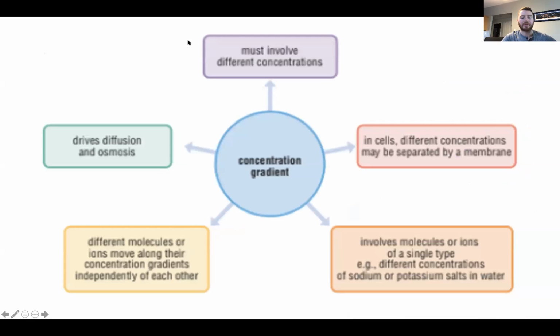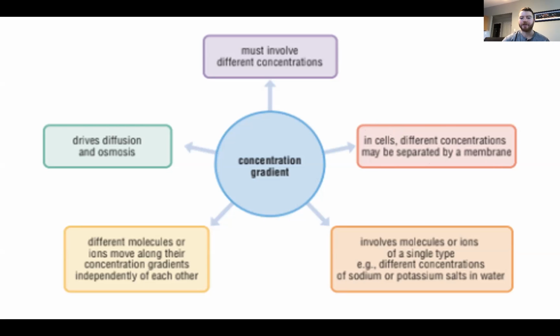We're going to elaborate a little bit more on concentration gradient. There are 5 things we should talk about for concentration gradients. Number 1, it must involve different concentrations across some sort of border or boundary. Number 2, in cells, different concentrations may be separated by a membrane. Remember, our phospholipid bilayer is a membrane, and that is involved with creating a concentration gradient between what is within the cell and what is going on outside of the cell.